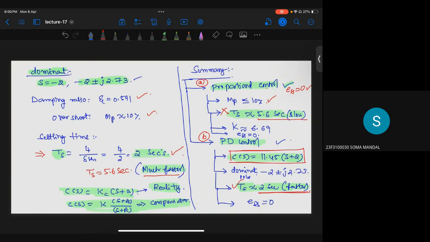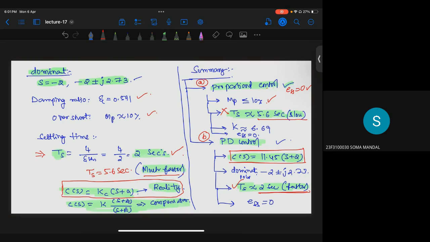Now, this is the PD controller we are getting. But in reality, when we try to implement it, because a controller means it is an electronic component, some practical issues come into the picture.